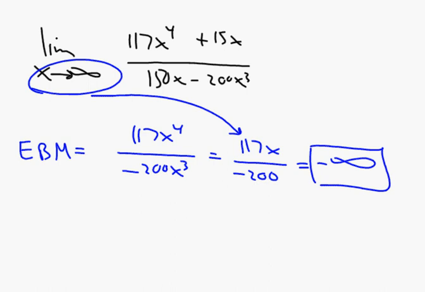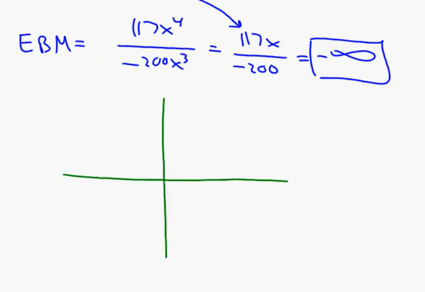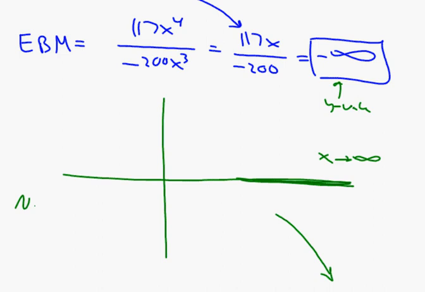So this is an interesting application, or I should say implication, graphically. What it means is that as we move really far out on the x-axis, as we get over here where x is heading towards infinity, the y values, remember this answer to a limit is always the y value, are going down really far. So this graph has no horizontal asymptote, no HA.